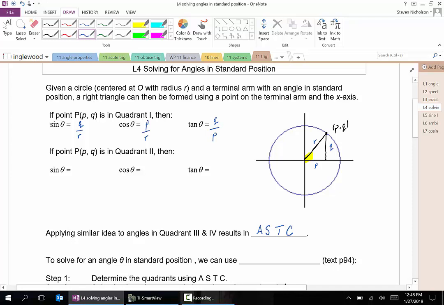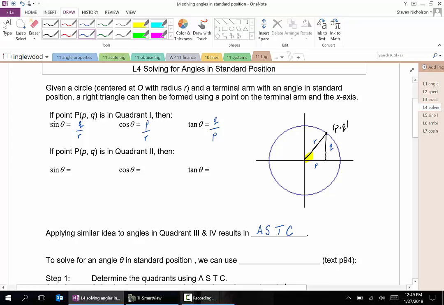So here's this idea of locating an angle on the Cartesian grid, determining our reference angle, and drawing our reference triangle.